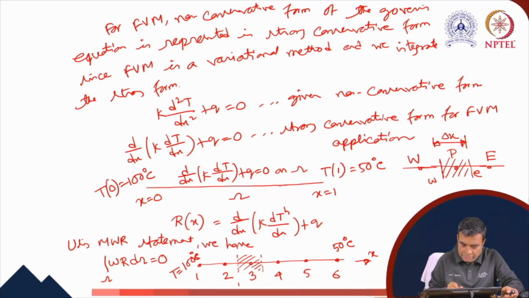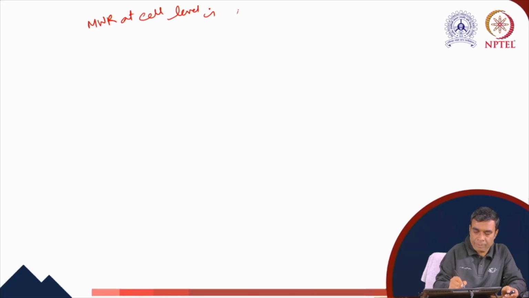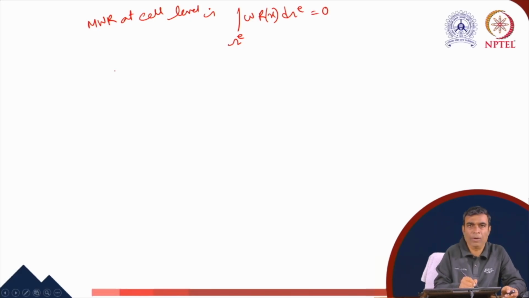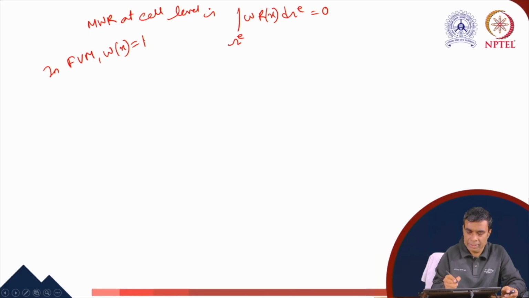Now after we generate the mesh, we can go for the MWR statement at the element level. So MWR at cell level is integration over omega e of W R d omega e equals to 0. We already discussed that the finite volume method is a special case of the finite element method. In the finite volume method, the weight function value is unity. So in FVM, Wx is a constant and it is always unit valued.